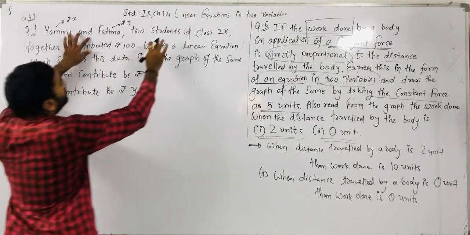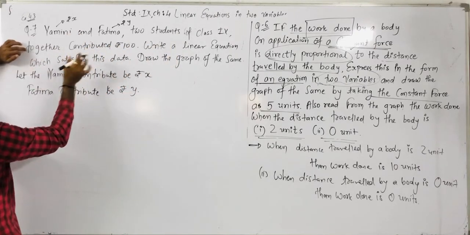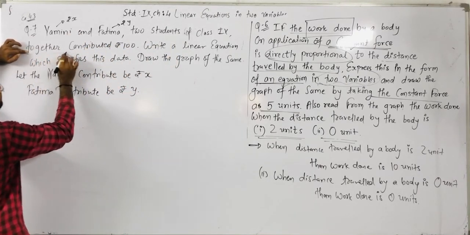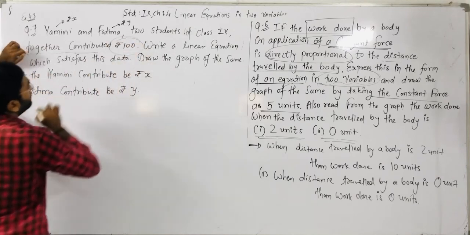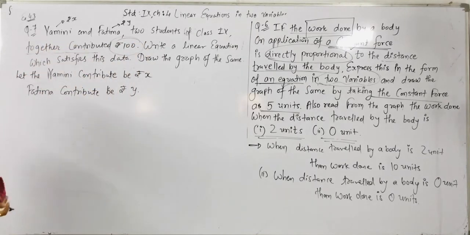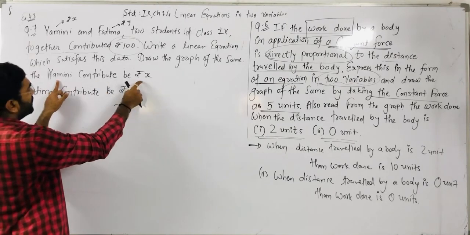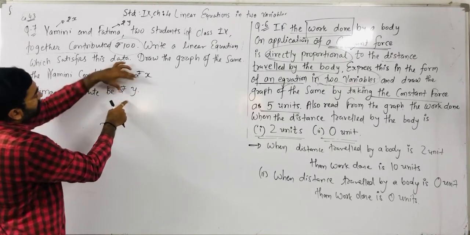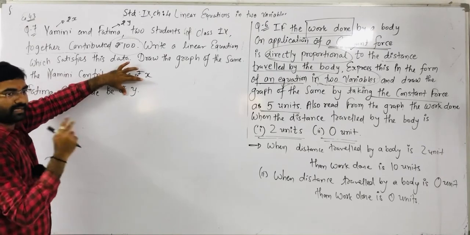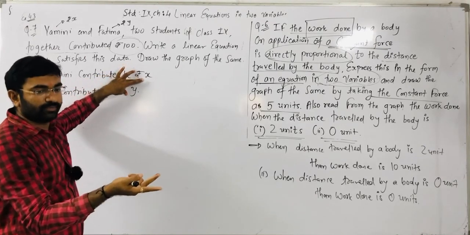And they said these two students of 9th standard together contribute how many rupees? 100. So what is the meaning of that? Together means whatever Yamini contributed and Fatima contributed, you have to take the summation of both.